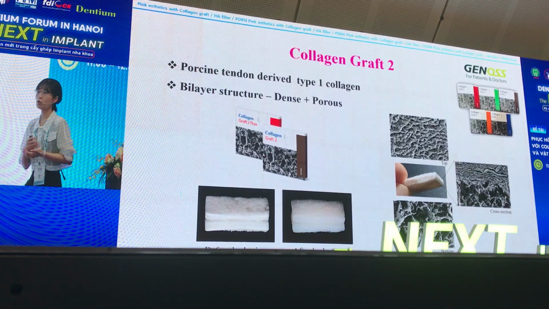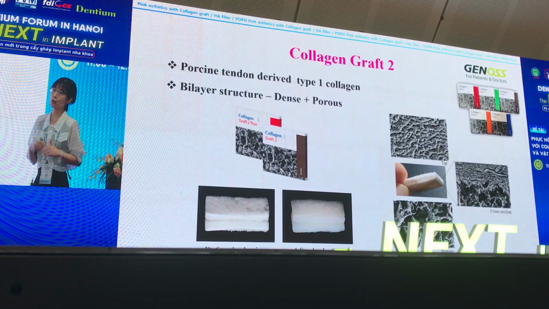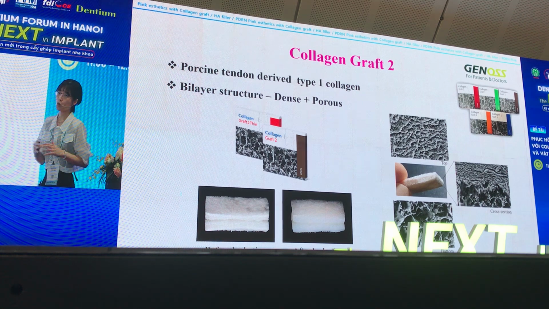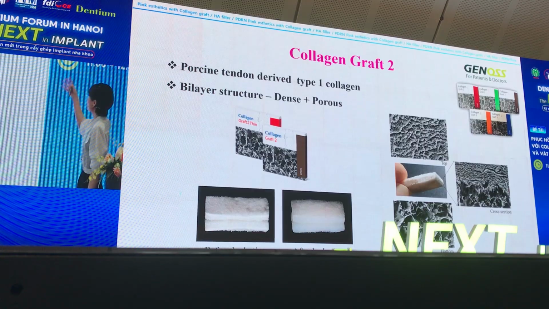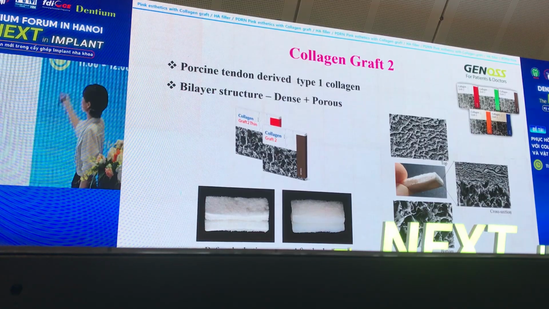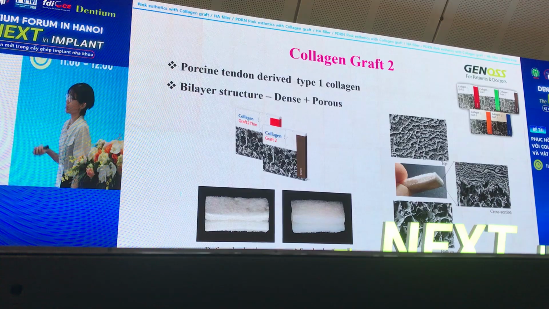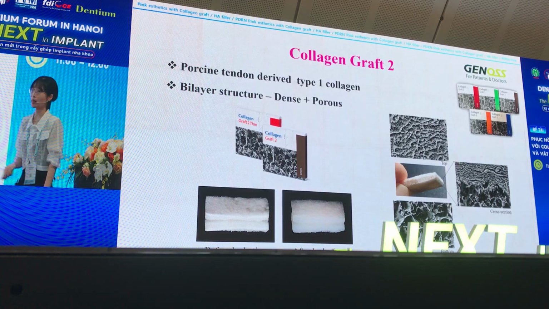So we can use it very easily when we do the PDR or the PDM. There are many various sizes, so you can use it easily according to the defect size.